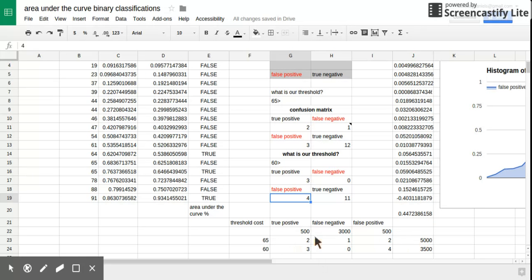Now, when I do the numbers here, you'll see that if I set my threshold cost at 65, because my false negative is so expensive, I break the car, I damage the suspension of the vehicle, I fall into the pothole entirely, whatever. The false negative is more expensive, generally.